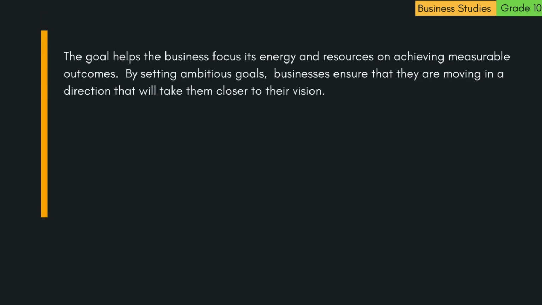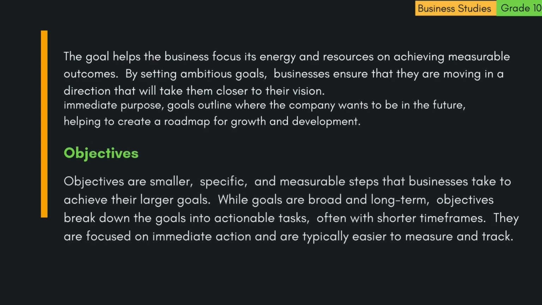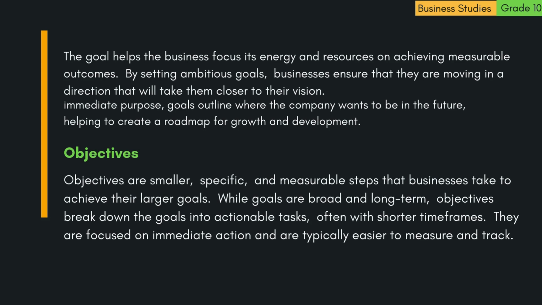The goal helps the business focus its energy and resources on achieving measurable outcomes. By setting ambitious goals, businesses ensure that they are moving in a direction that will take them closer to their vision.